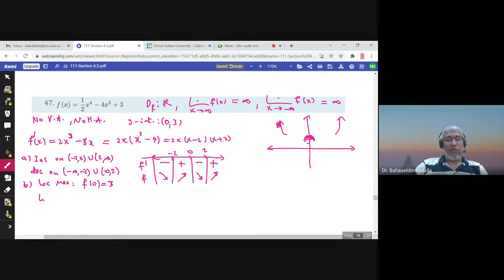And I have two local minimums, or minima, at negative 2, f of negative 2. And f of negative 2 is half times negative 2 to the power 4 minus 4 times negative 2 to the power 2 plus 3.